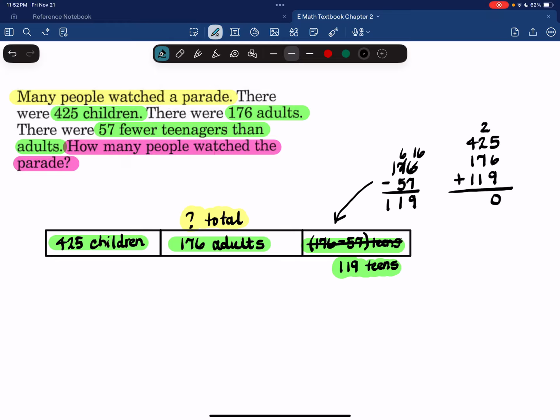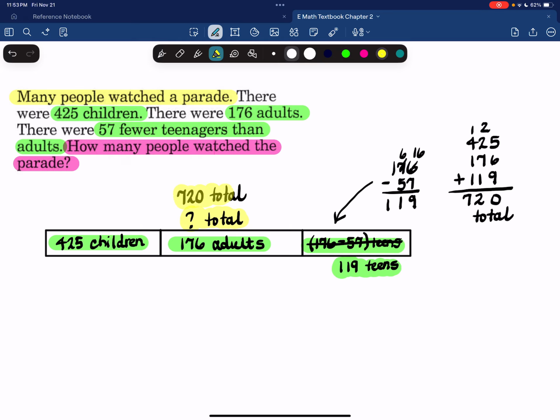One more makes 12. 4, 5, 6, 7. So the total is 720 people. So we have found the answer that goes here.